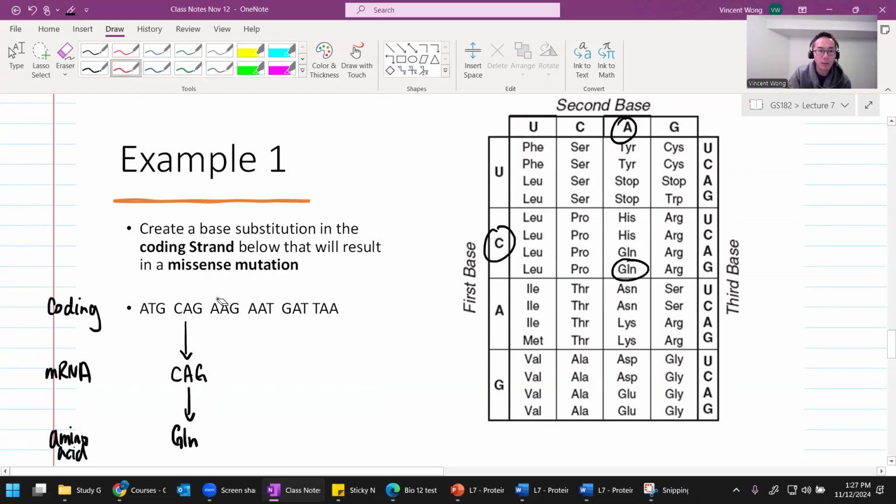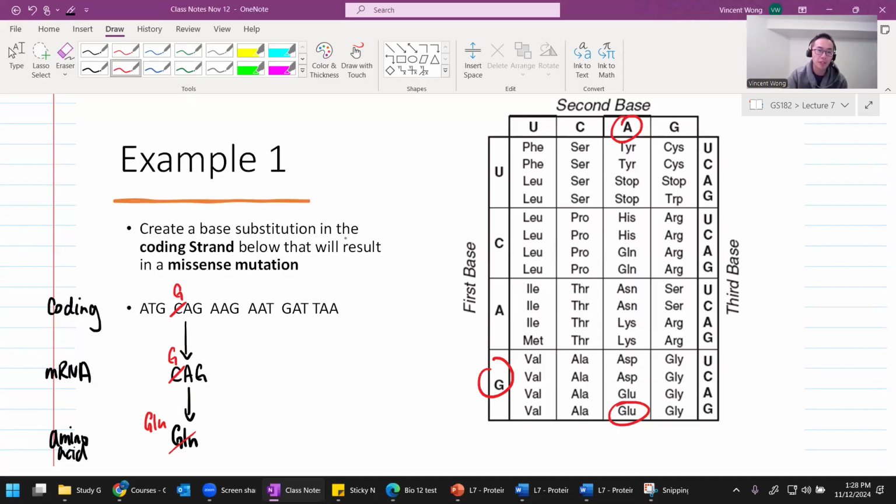And if I want a missense mutation, you just change the first one or the second one. Usually it works. You can change it to GAG. So this would be GAG as well. And if you look up GAG, it's going to be GLU. So that's an example of how to do the question.